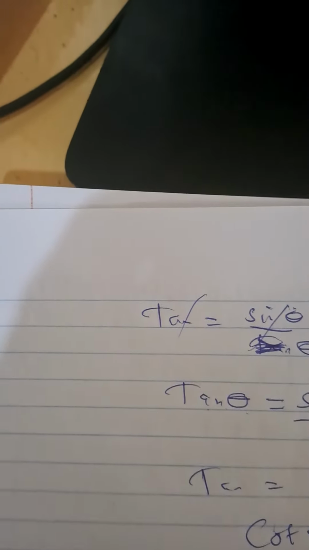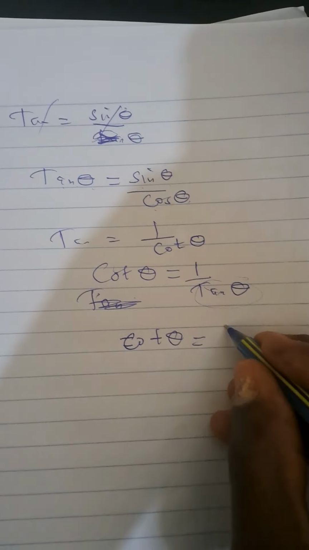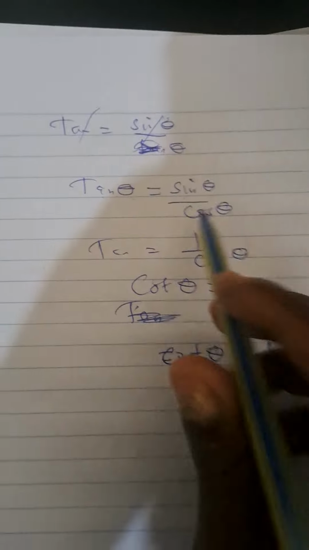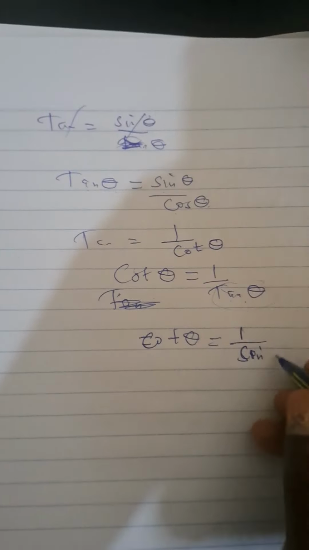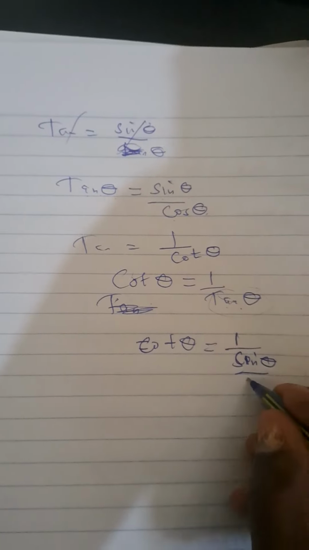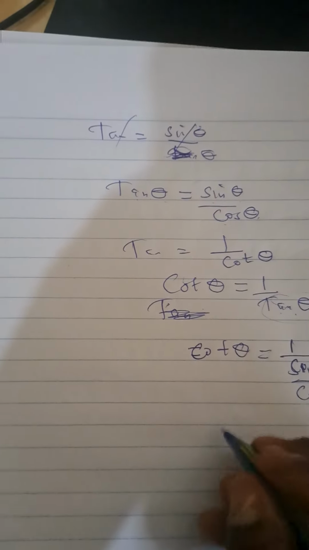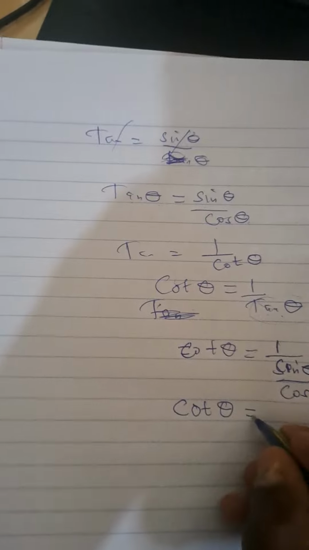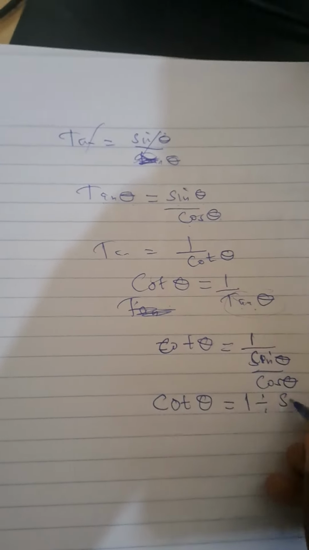So we can say that cot theta is equal to 1 over the tan theta, and tan theta is equal to sine theta over cos theta.